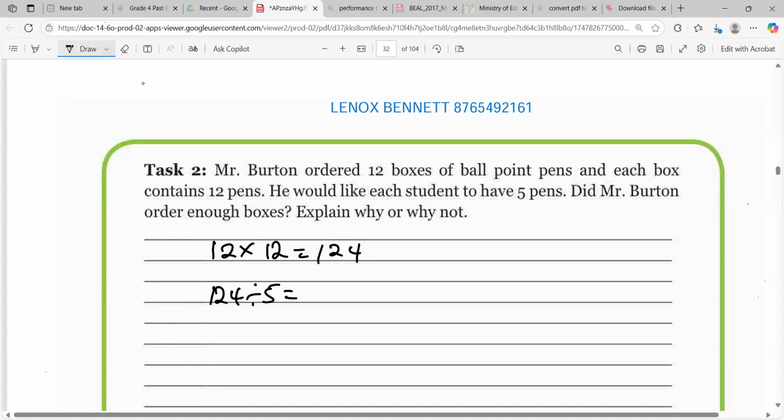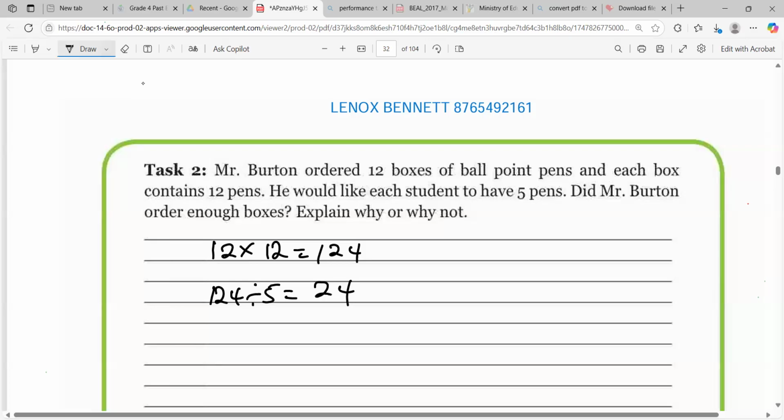I got 24. And what's the conclusion? What did you say, sir? I'm saying, what's the conclusion?